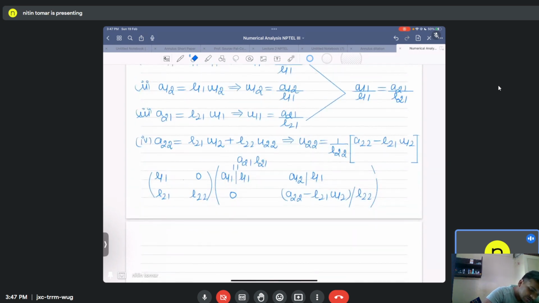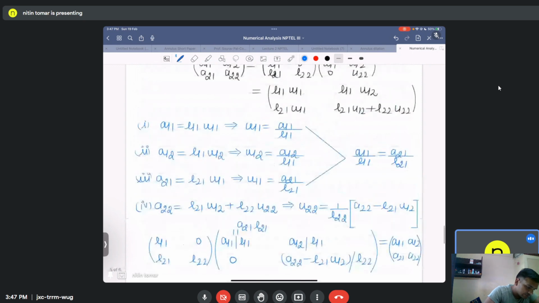Can you check whether or not this will be A, the original matrix? It should be, right? Because that's how we computed this whole thing, correct? Is this clear to you, what we have done? Yes, sir.